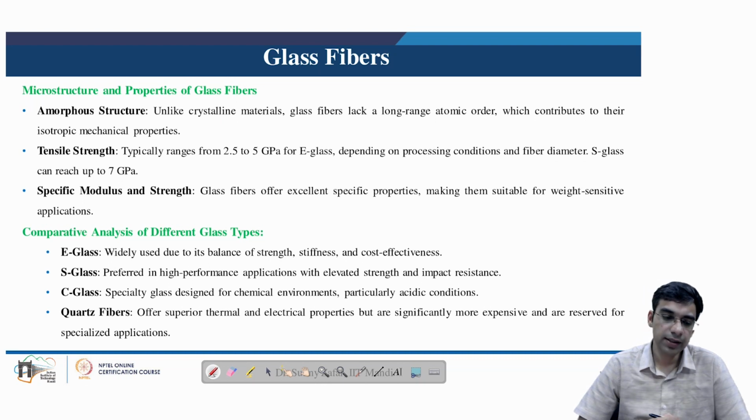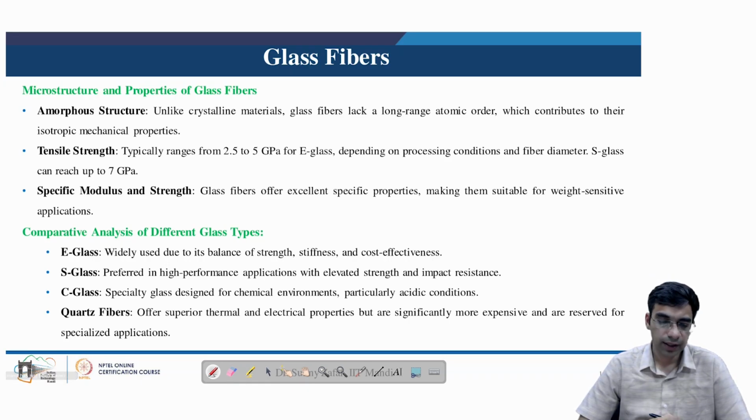Tensile strength ranges from 2.5 to 5 gigapascals for E glass, and depending on the processing conditions, in case S glass is considered, the tensile strength can go as high as 7 gigapascals. Specific modulus and strength: they offer excellent specific properties, making them suitable for weight sensitive applications.